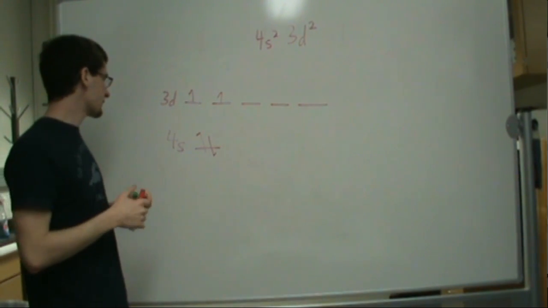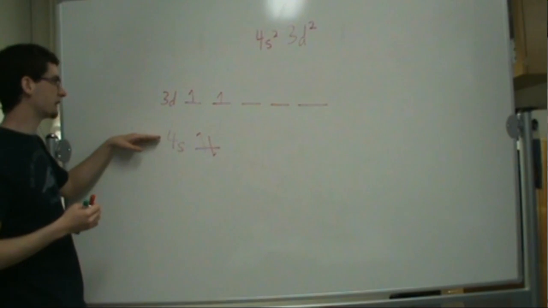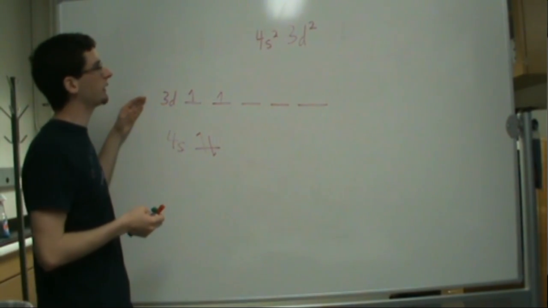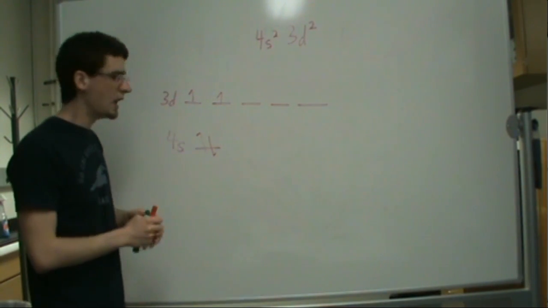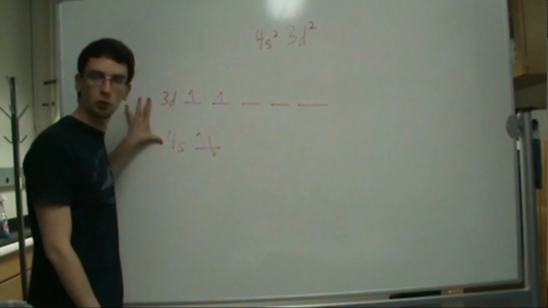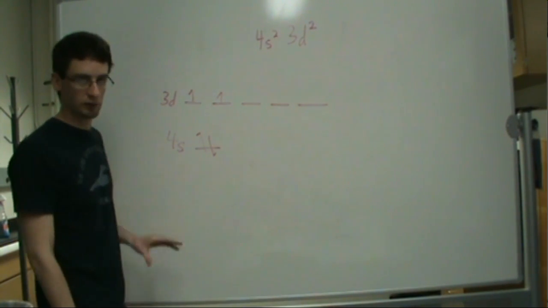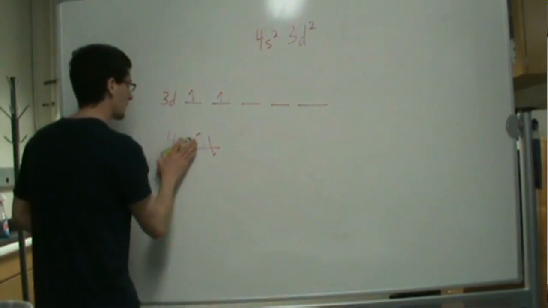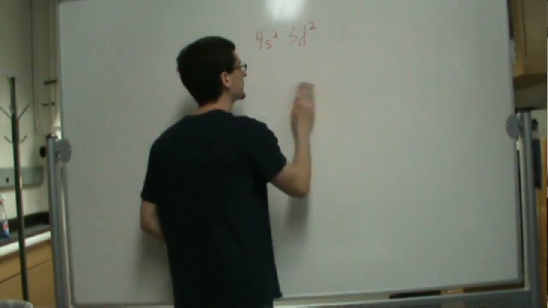All right, so looking at this, you can see that the 4s is indeed lower in energy than the 3d. But it seems weird that we place them with these different electron configurations. It all depends on if the principal quantum number is more important to you or the energy ordering is more important to you.